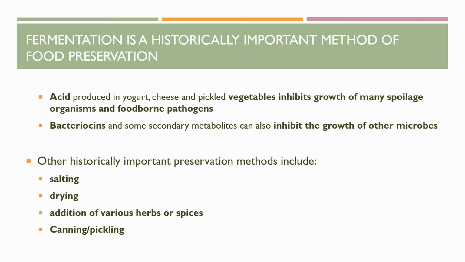For example, the acid that's produced as fermentation reactions proceed is what makes a lot of the things that we eat not toxic. For instance, acids produced in yogurt are really important in preserving the yogurt and not letting it go bad. Cheese and pickled vegetables actually inhibit the growth of many spoilage organisms and foodborne pathogens.